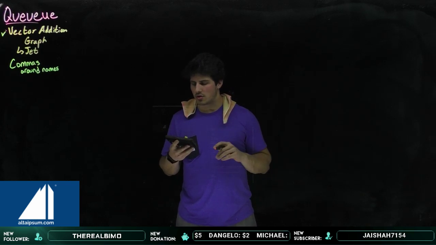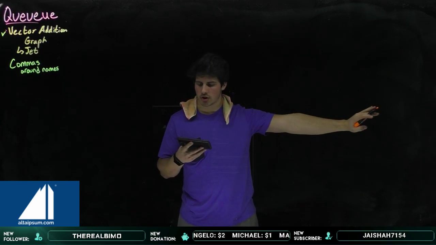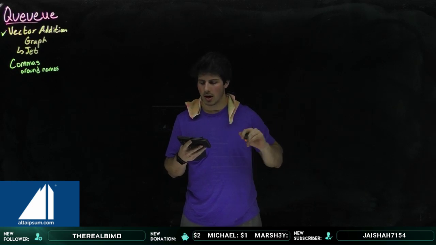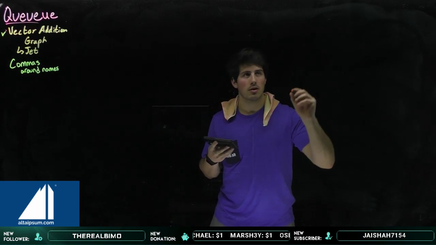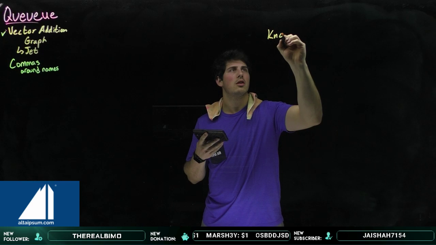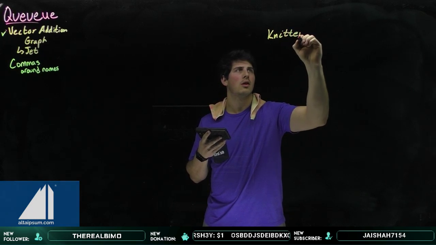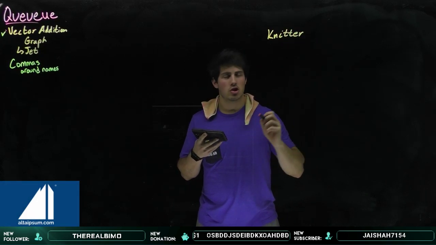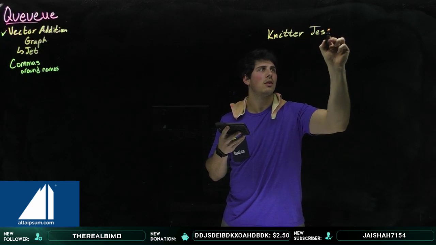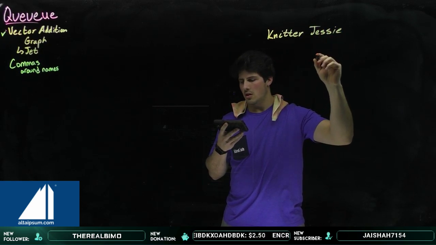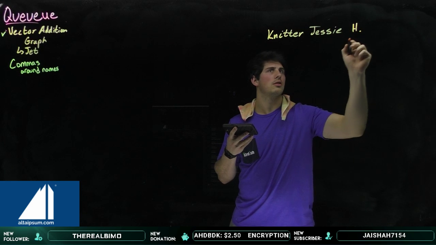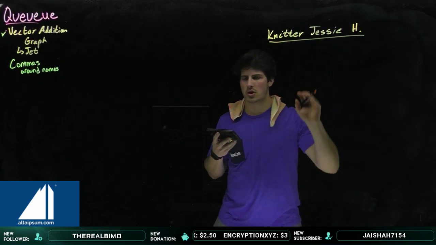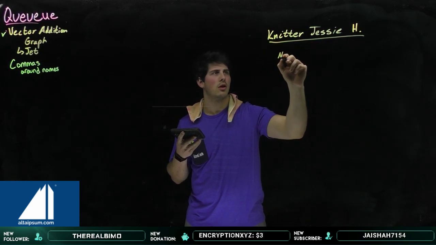So we have no change, and that is knitter Jessie Hemmons. No commas, no anything. The next one is knitter, actually, let's just go ahead. Knitter Jessie Hemmons, H. All right, so this is what it is. You have no change.